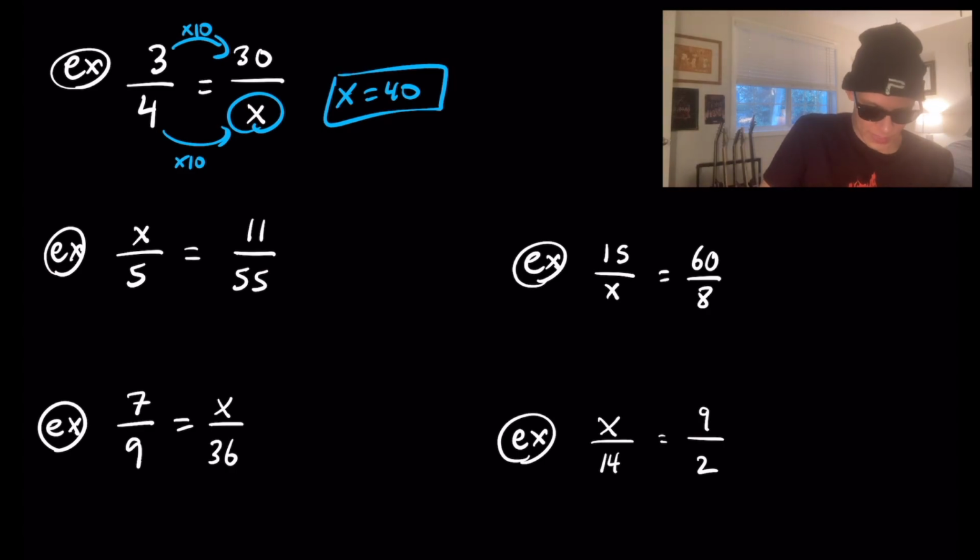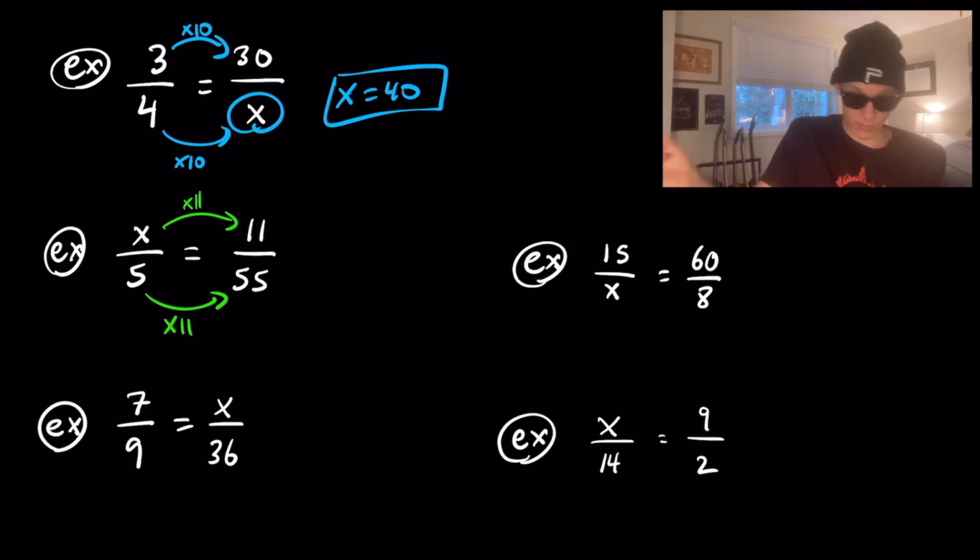All right, x over 5 is equal to 11 over 55. I'm given my denominators, so let me see what the relationship is there. 5 times 11 is going to be 55, so I'm going to multiply x by 11 to get this 11. So what number times 11 is 11?